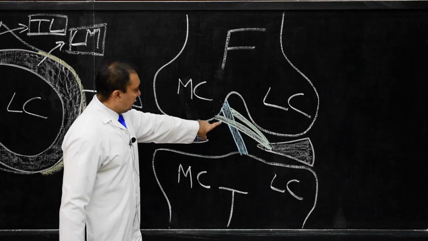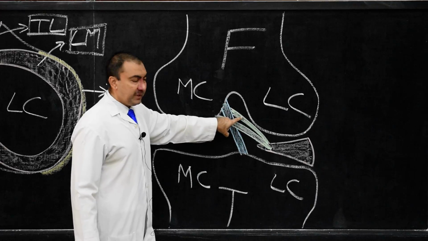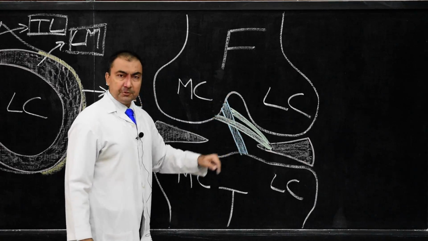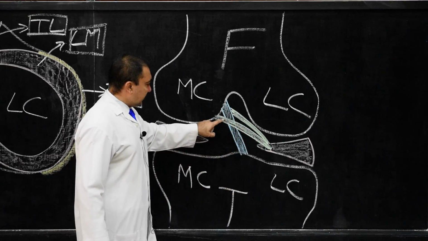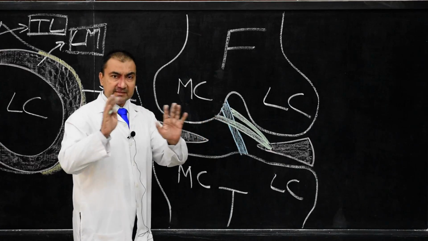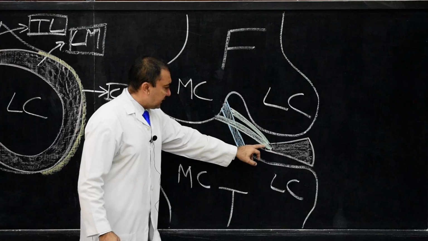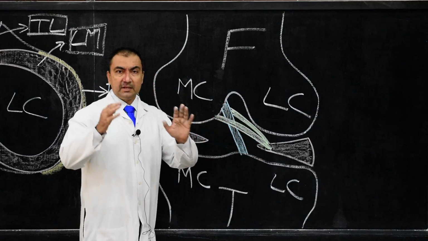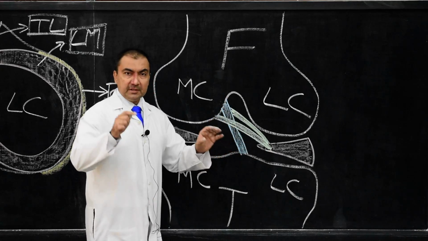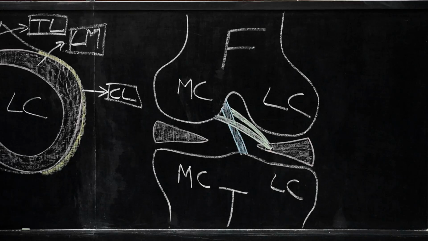So this will be posterior meniscofemoral ligament and this will be anterior meniscofemoral ligament. Anterior will pass anterior to posterior cruciate ligament and posterior will pass posterior to it. Very simple. And what are meniscofemoral ligaments? They connect the posterior horn of lateral meniscus with the medial condyle of femur in relation to posterior cruciate ligament.